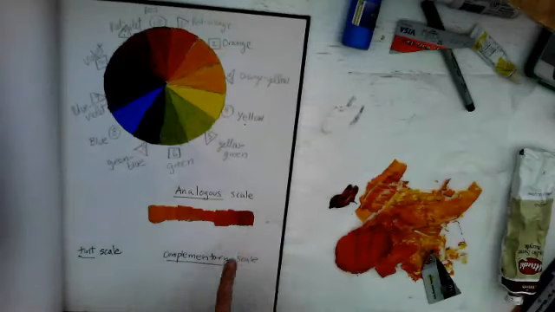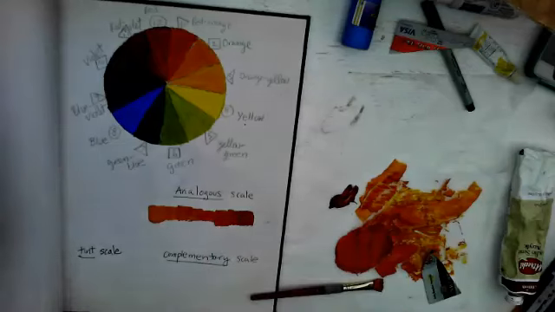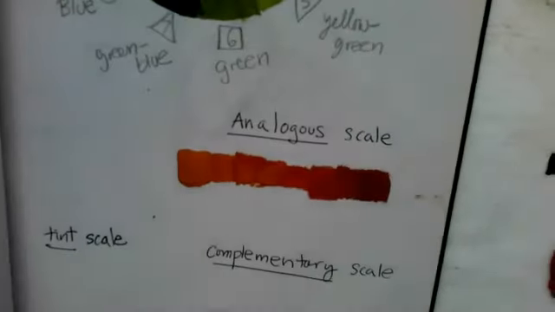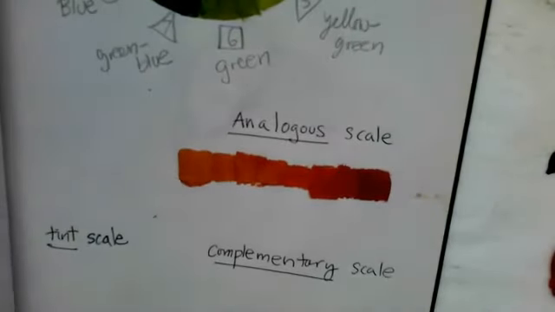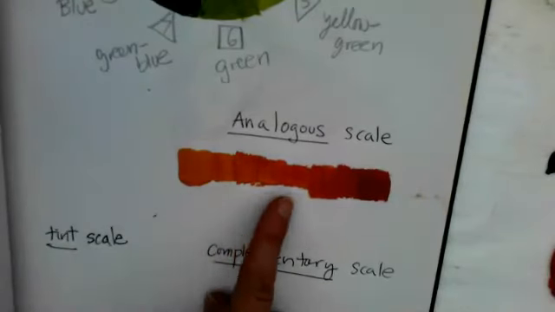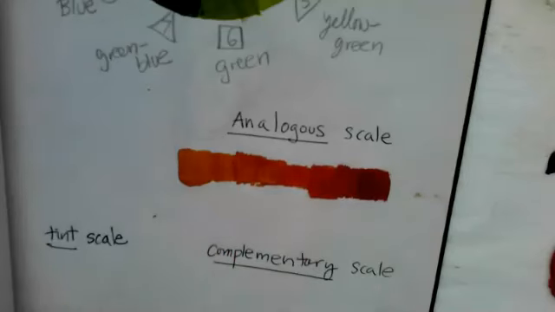I don't have any white in between. Every step is a step darker than the one before. I'm going to zoom it in so you get a better look. And that's about it. Analogous scale. Let's see how many steps we have. 1, 2, 3, 4, 5, 6, 7, 8 steps.